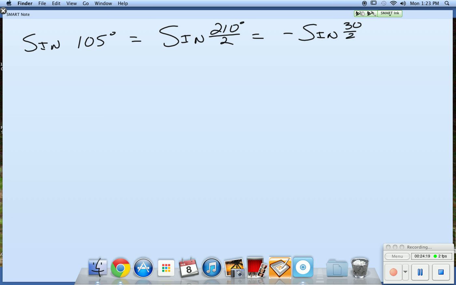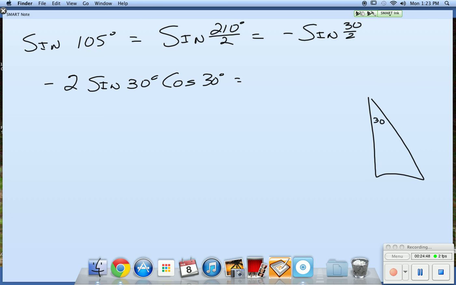So in this case, it's going to be a negative 2 sine of 30 cosine of 30, which is going to equal the same as what we did before, right?